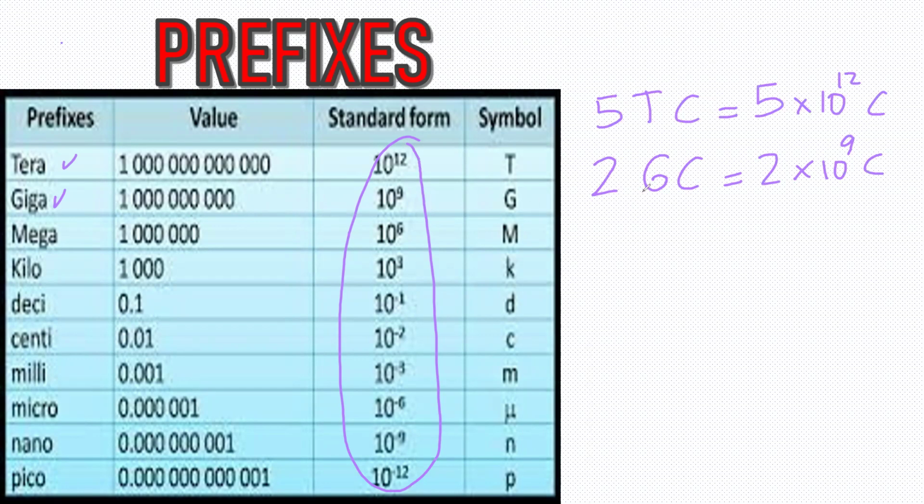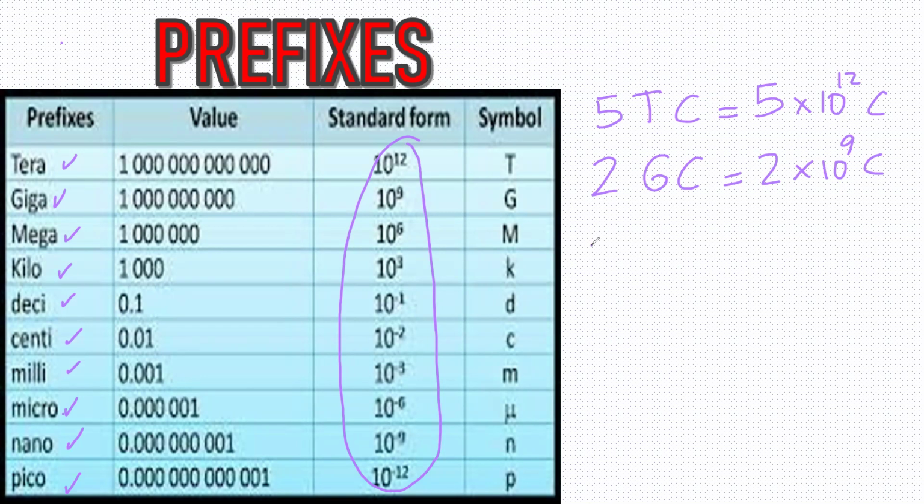Converting units is used in all other topics too. Mega is 10 to the power of 6, kilo 10 to the power of 3, deci 10 to the power of -1, centi, milli, micro 10 to the power of -6, nano 10 to the power of -9, and pico 10 to the power of -12.